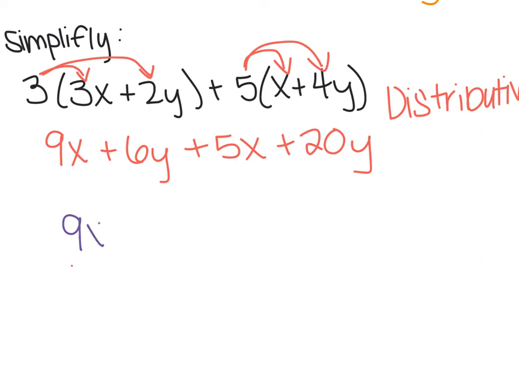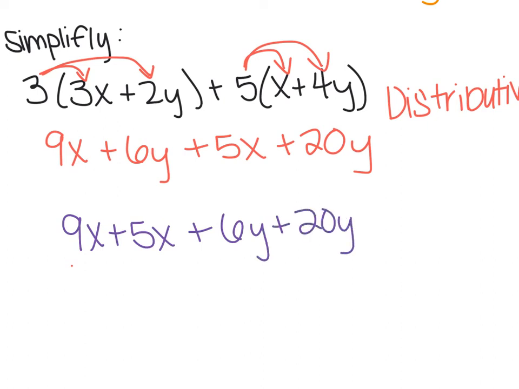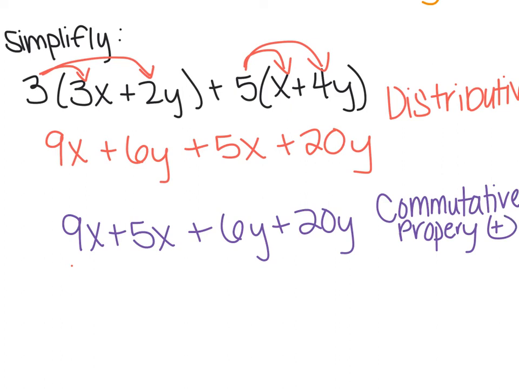So this is now 9x plus 5x, then my 6y plus 20y. And again, I can change the order because the commutative property tells me I can. And we are adding, so this is the commutative property of addition.